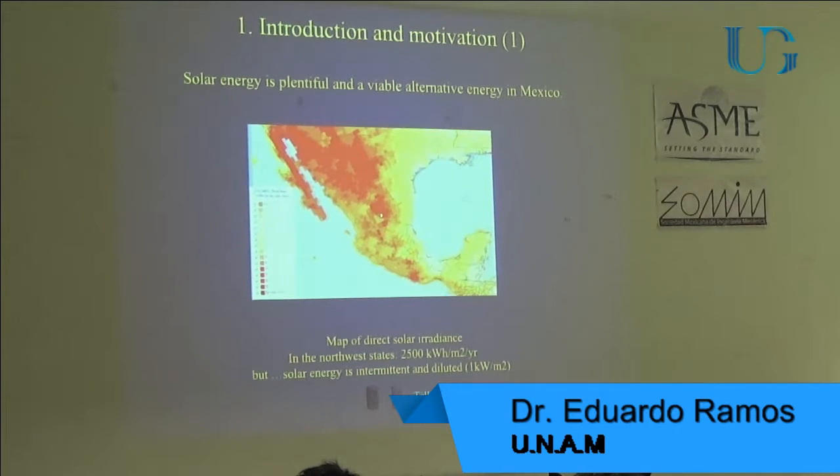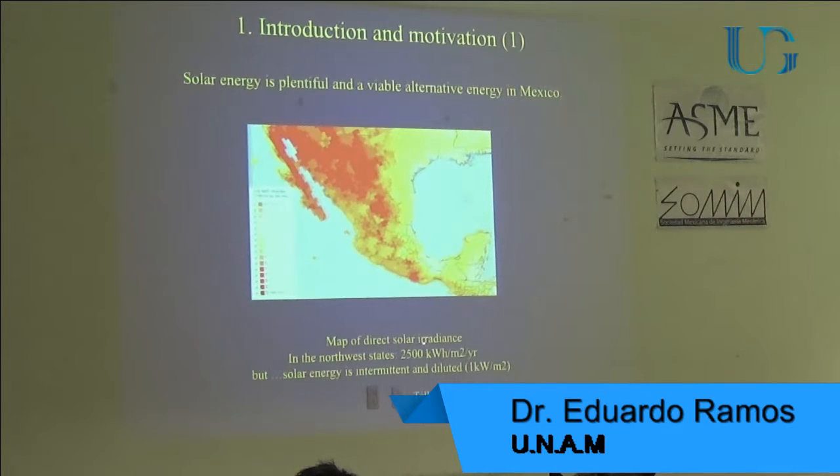And as you can see, red is the highest. There's a lot of solar energy in Mexico. So it's worth taking a look at the possibility of using this source of energy.